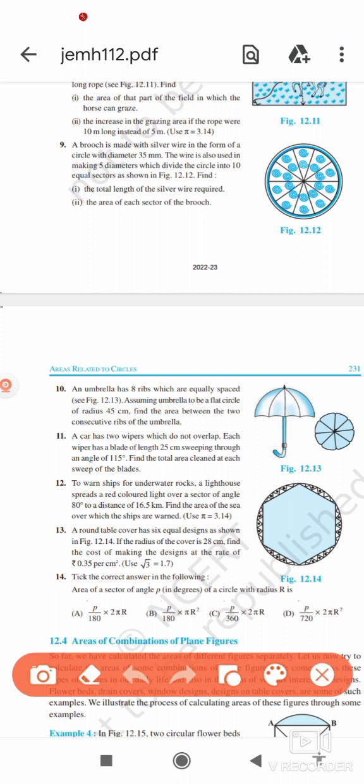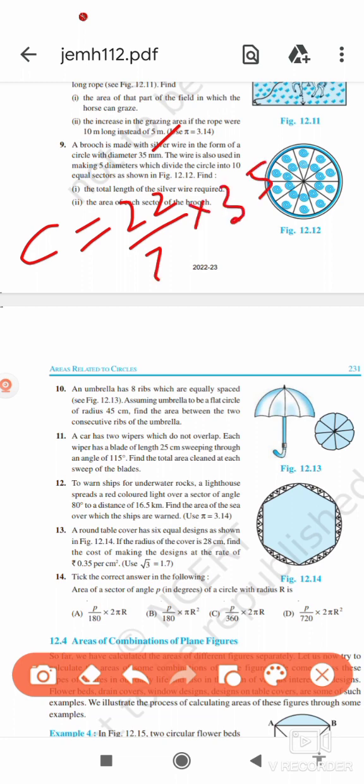So what is the wire? I can find out the circumference that was required. A silver wire in the form of a circle with diameter 35. So circumference is what? Pi d, 22 by 7 into 35. 7 fives are 35, so 110 mm.